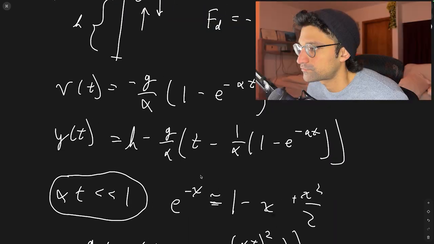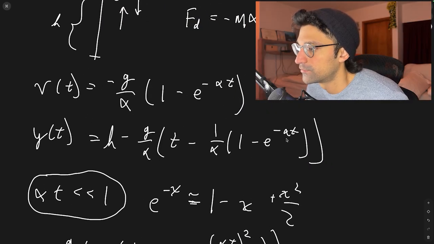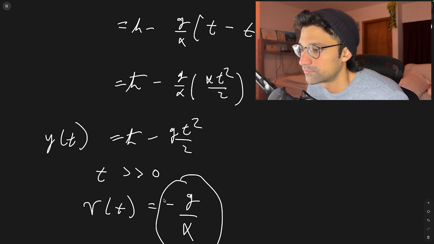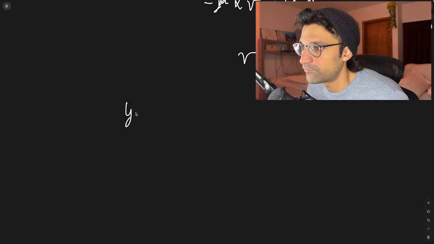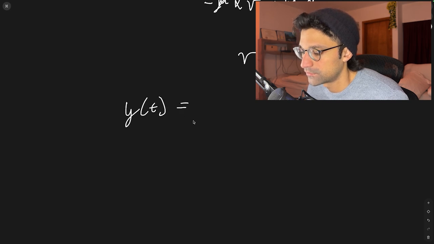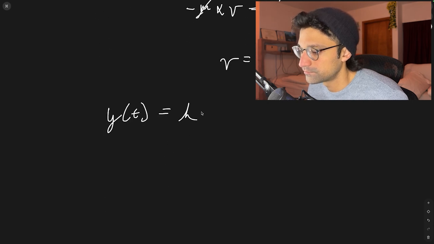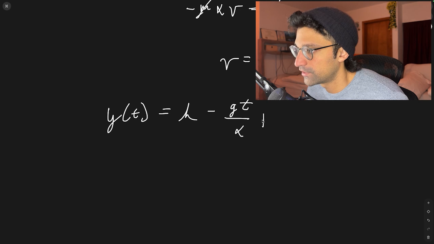Now let's take a look at what happens when alpha t is really large for the position. Again, this term goes to 0. So what are we left with? We're left with h minus gt over alpha plus g over alpha squared.